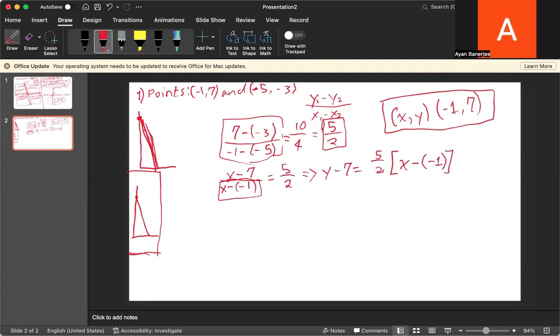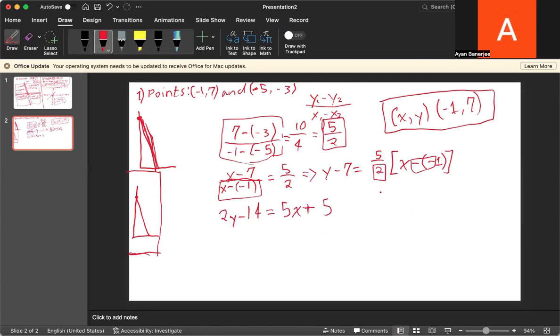From here, since we have a fraction, and we obviously want to get rid of the fraction so we're not in the world of confusing numbers, we can multiply both sides by 2. So we'll end up with 2y minus 14 is equal to 5x. Since we have negative and negative, this will turn into positive, 5x plus 5.